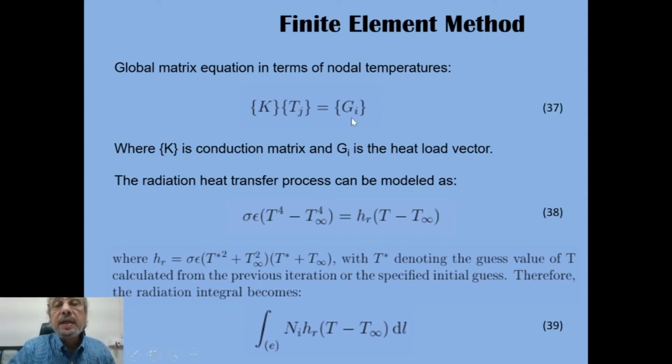That will decide the total number of points, and Gi is the heat load vector. This we also explained in the last slide.